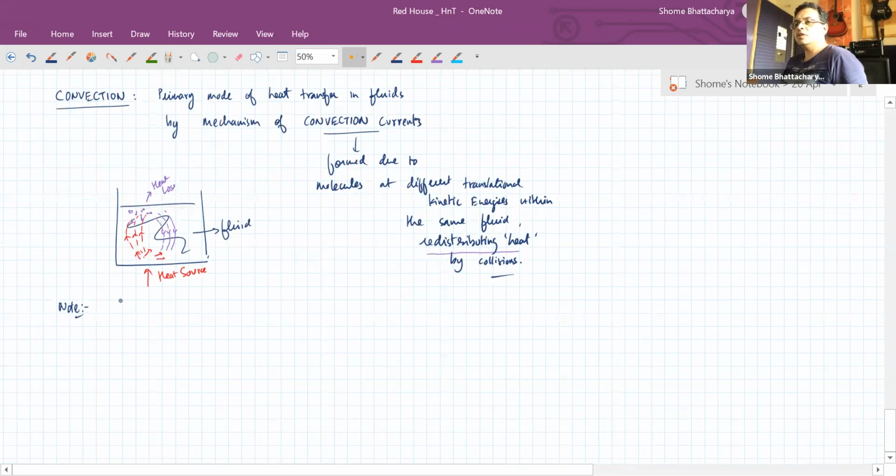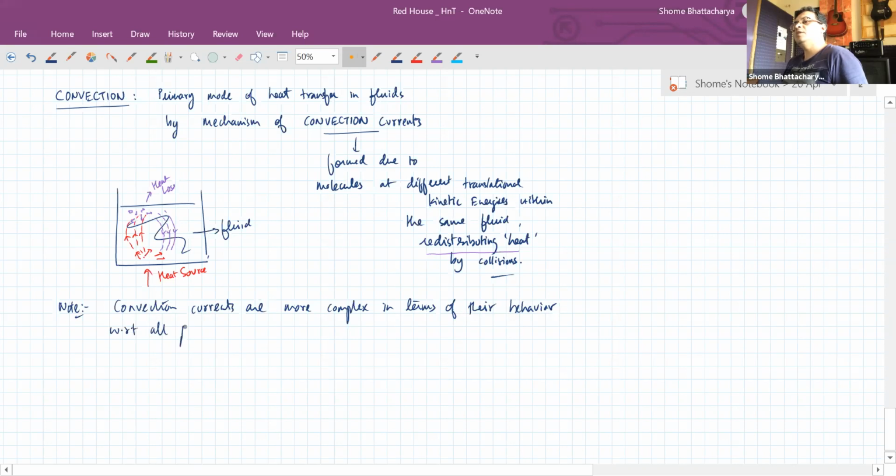The process of convection currents is more complex in terms of their behavior with respect to all parameters of the system.